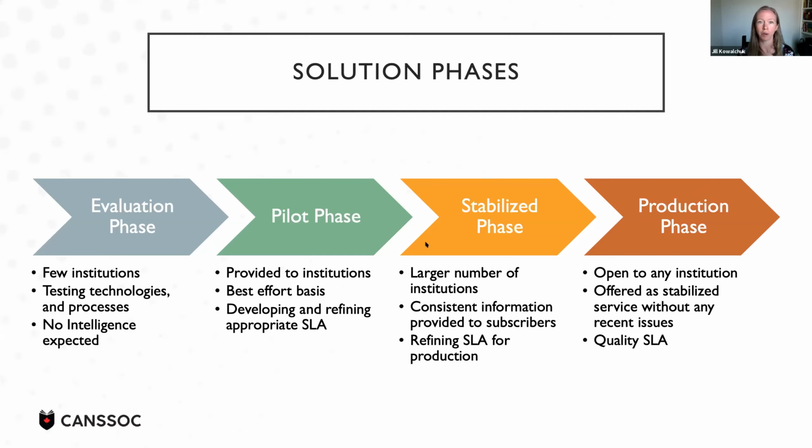Investigating exactly how we can do that, both in the context of those participants that are part of CanSSOC, as well as working closely with CANARIE and integrating it into the working groups and structure that they're creating as part of the Cybersecurity Advisory Committee and working groups. And so we're in the middle of exploring how we can ensure we do that so we all operate collectively in the best interest of the community.